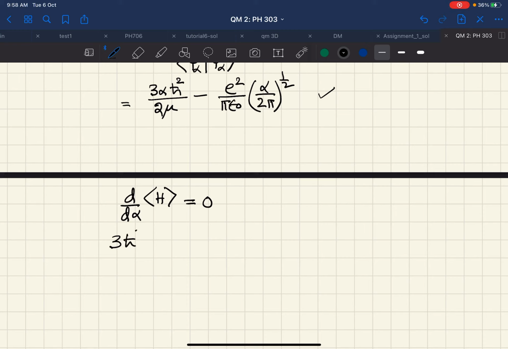3 h bar squared by twice mu minus e squared by pi epsilon naught into square root 2 pi, and there is a half alpha to the power half factor there. So we will have 1 by root alpha is equal to 0.